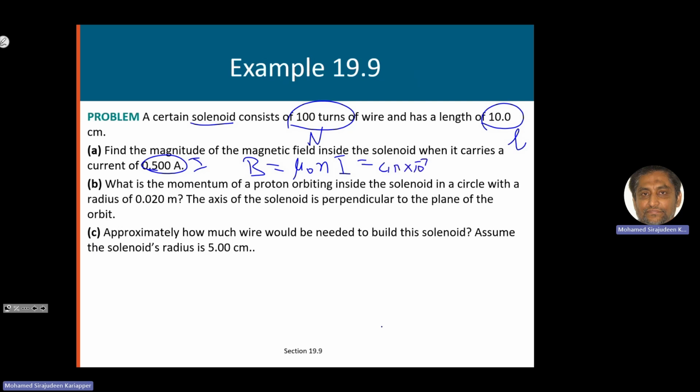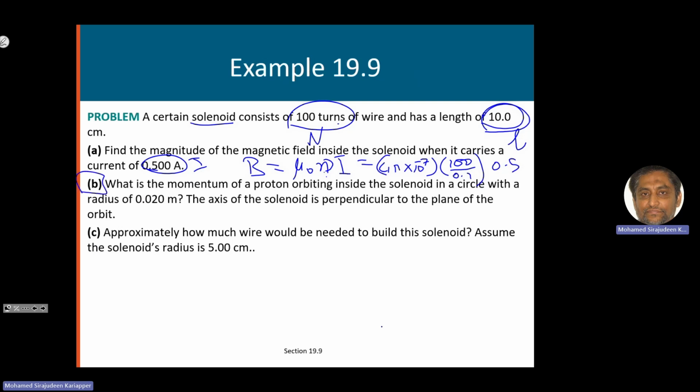Excuse me, please pay attention. Capital N is the number of turns, 100, and small n is capital N divided by the length, which is 10 centimeter, so divide by 100, that is 0.1 meter. And I is 0.5. So just substitute and get the value of the magnetic field B inside the solenoid.